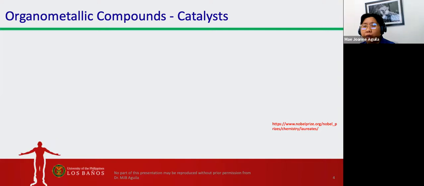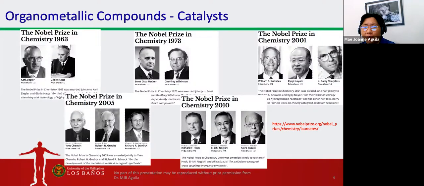In fact, they are quite known that those scientists who discovered these catalysts have been awarded the Nobel Prize in Chemistry. So there are several of them, and some of those are actually shown on the screen. So you might have heard the name Ziegler and Natta, and Fischer and Wilkinson. And in recent times, 2000 and above, we have Knowles, Noyori, and Sharpless for their asymmetric reactions, and Chauvin, Grubbs, and Schrock.